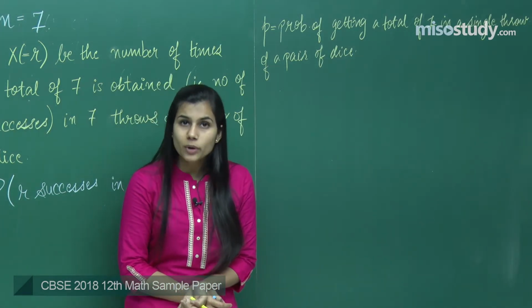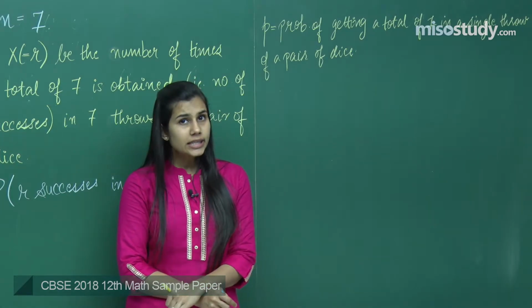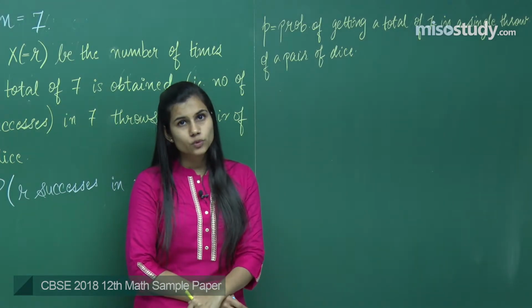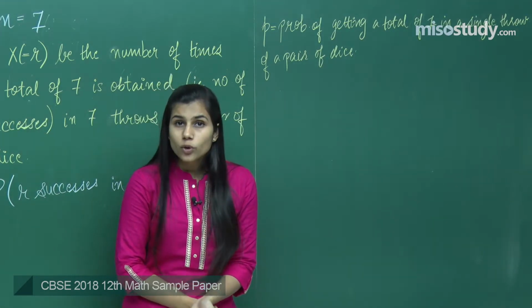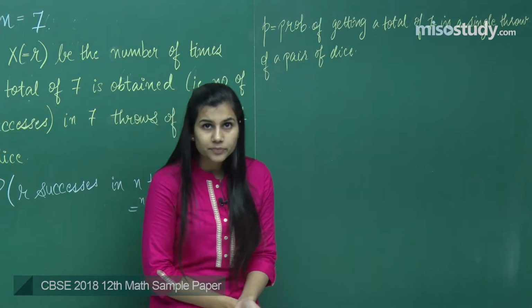Out of those 36 outcomes, which are the ones that give me success situations, that means a total of 7?